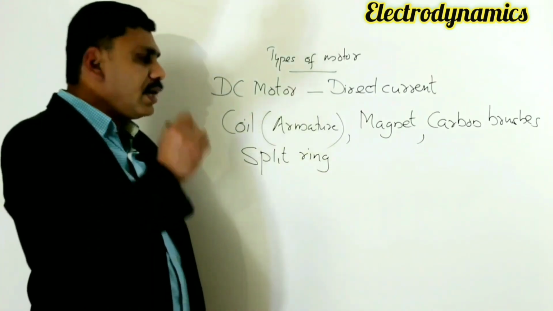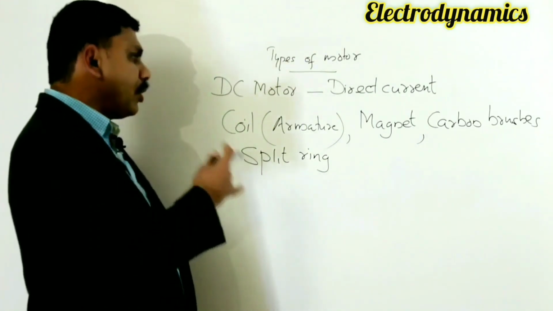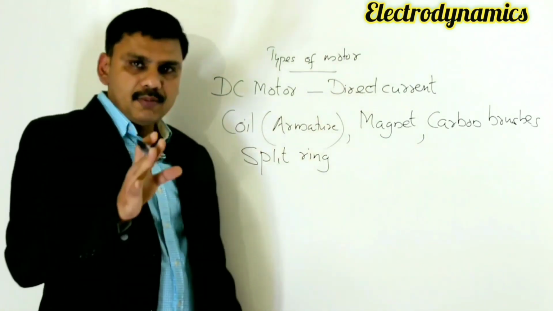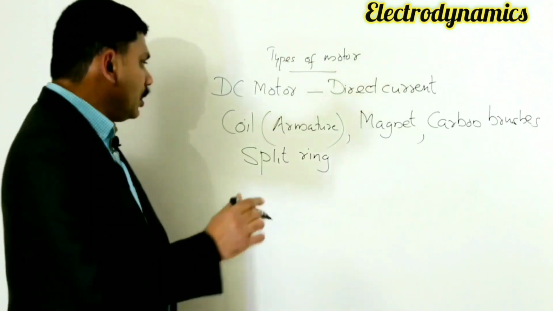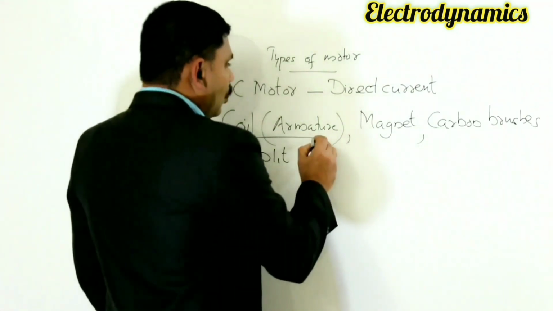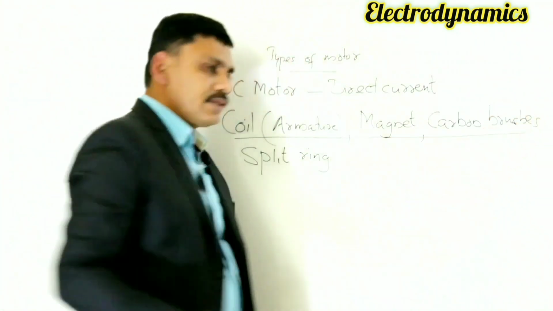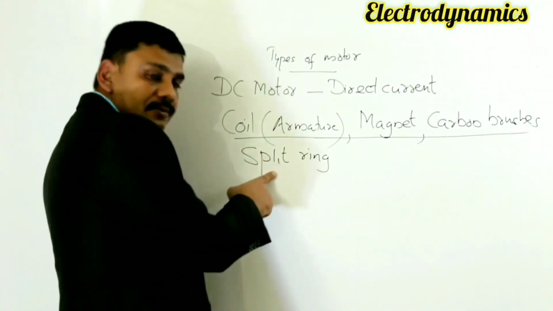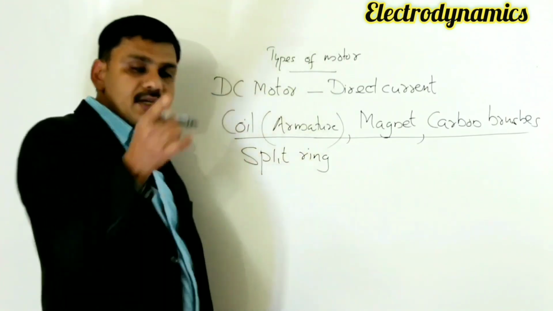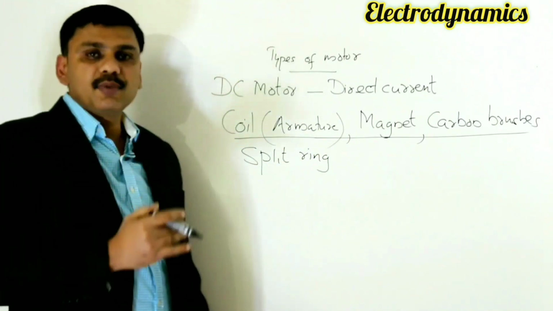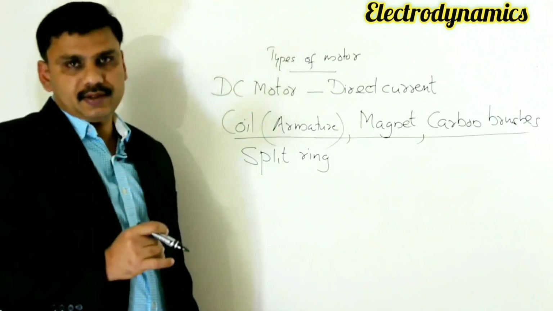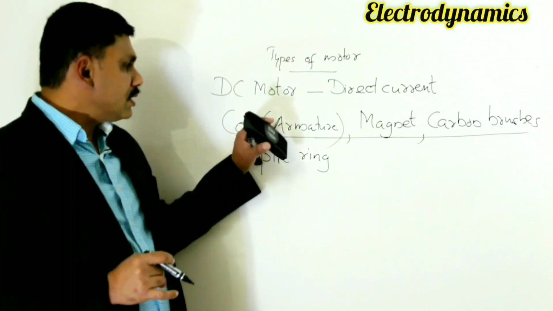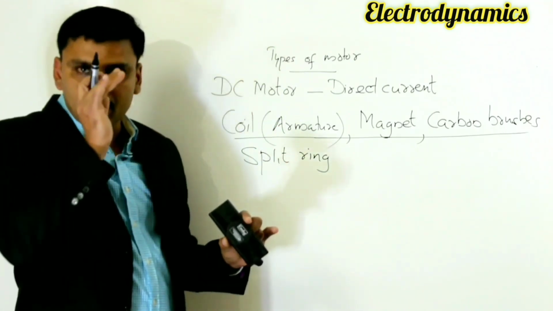So these are the main parts of a DC motor: coil, magnet, carbon brushes, and split ring. In the case of a DC motor and an AC motor, these 3 are the same: coil, magnet, and carbon brushes. Only the difference will come here. Instead of a split ring, in an AC motor we are using slip rings. In the case of a DC motor we are using a split ring.